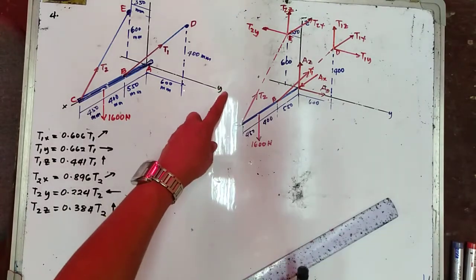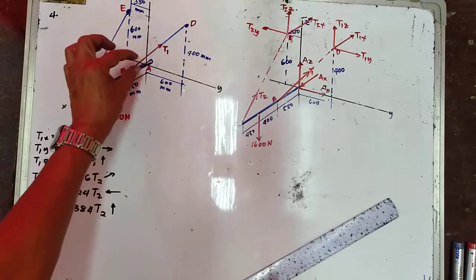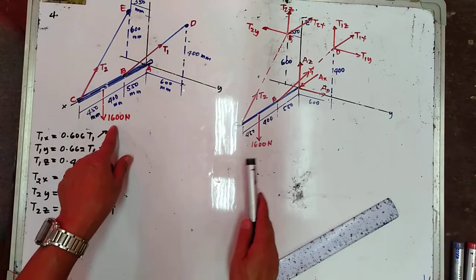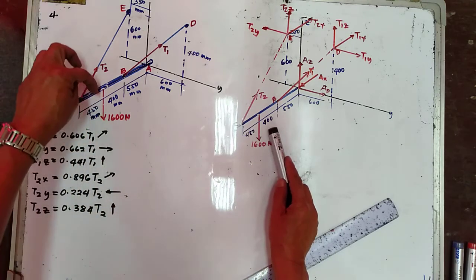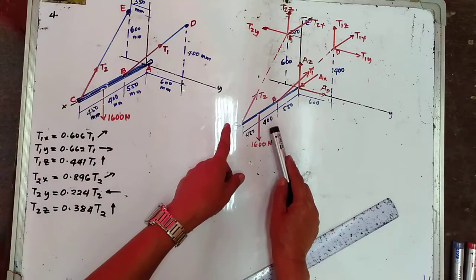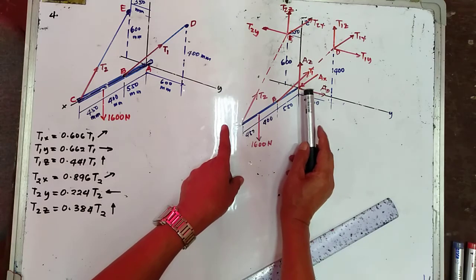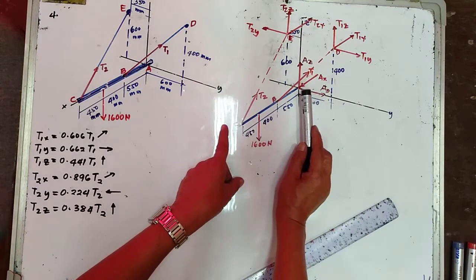okay, so we now have the free body diagram. This is the free body diagram of this bar in here. So we have the 1,600 Newton force applied 450 mm from point C. And then we have the components of the reaction of the ball and socket.